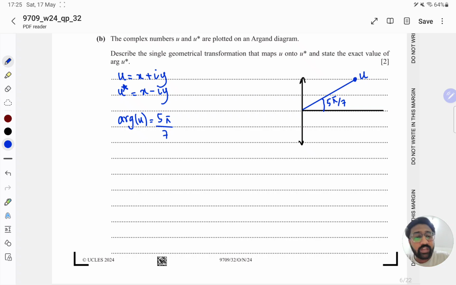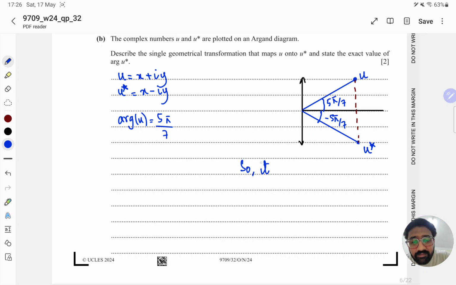And u star is going to be here, where the value of x is still positive, but the value of y, the imaginary value, is negative. That's the transformation that is happening. The angle over here is going to be negative pi by 7. So what we need to do is describe it.